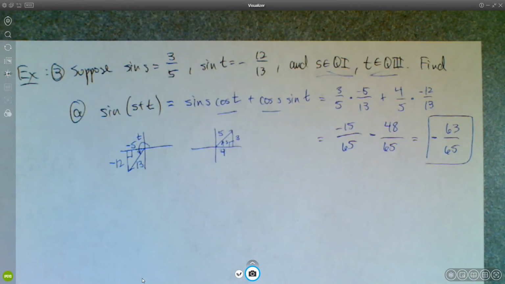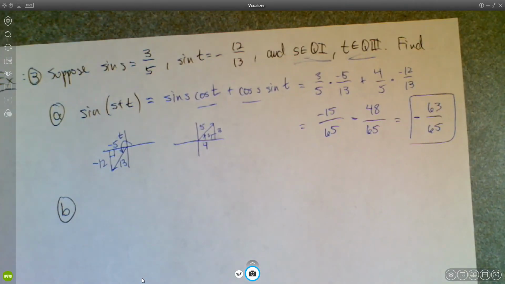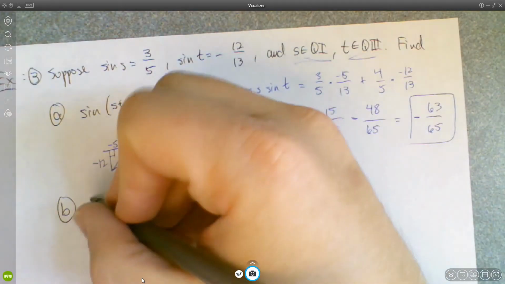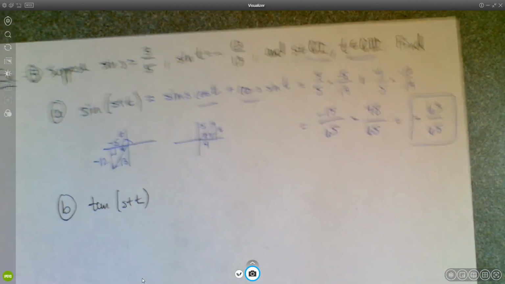Okay. So there's that one. Part B now. Part B, let's do tangent of S plus T. Alright, same scenario as before.